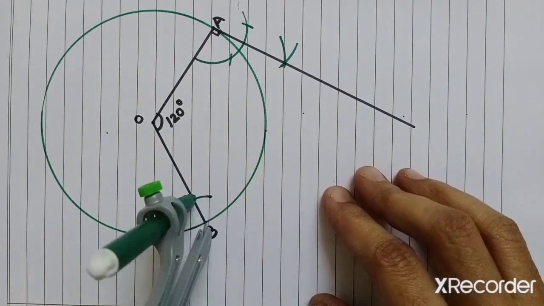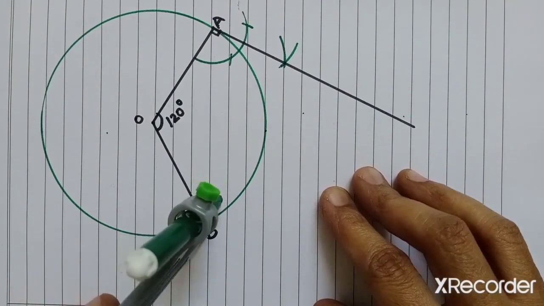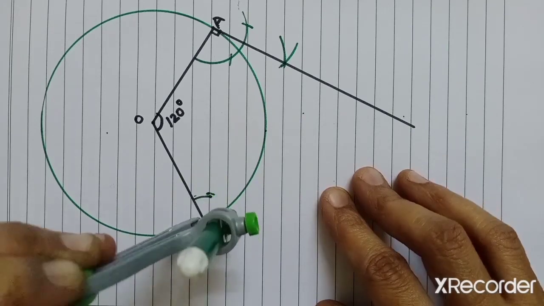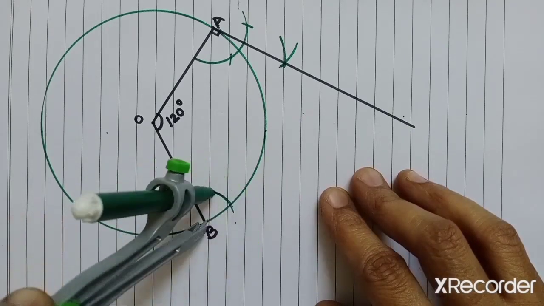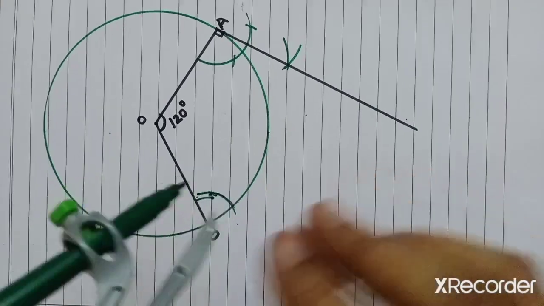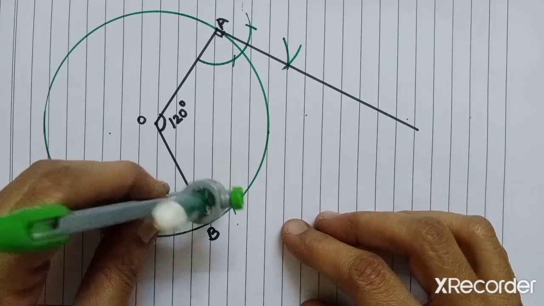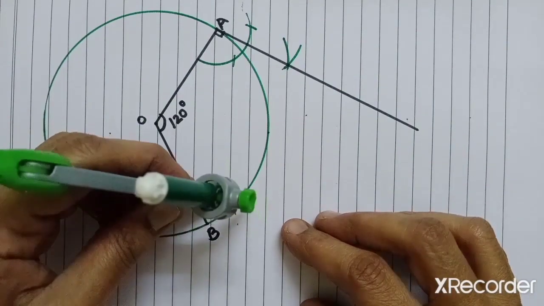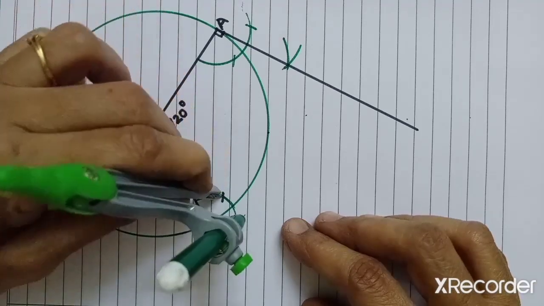So draw this arc. Right. Now from this point you draw the first arc 60 degree. Now the second arc 120 degree.